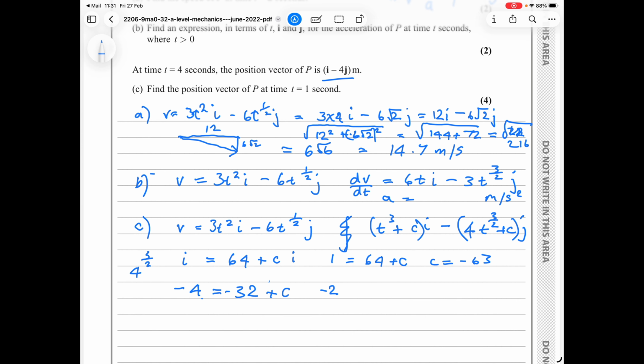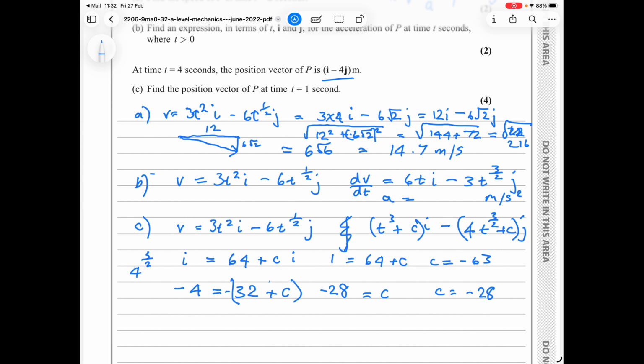We know that this is minus 4, so if we add that onto that side, we get minus 28 equals c. So c equals minus 28.